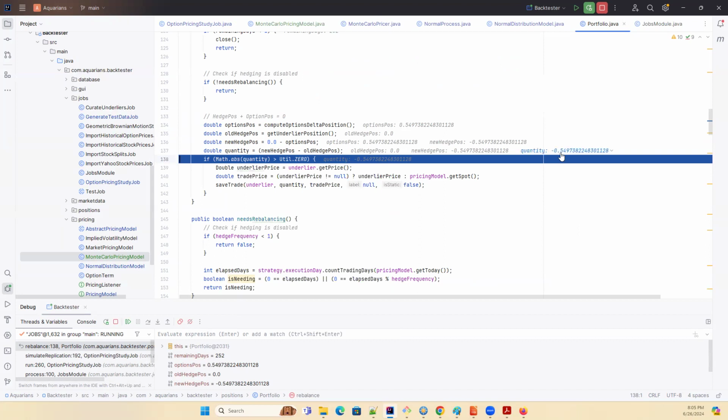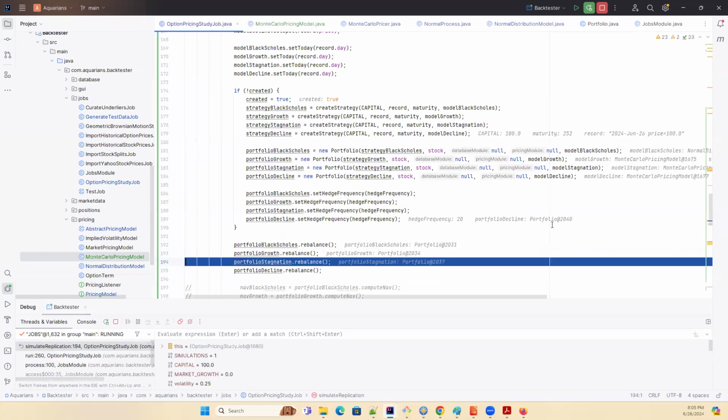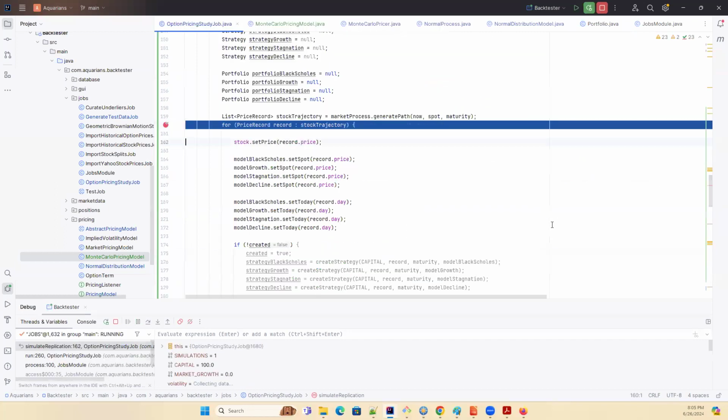Because we have bought an option, we have to sell the stock. So we need to sell minus 0.654 times the multiplier. We could have 10, 100, 1,000 times this multiplier. This for each one of them.